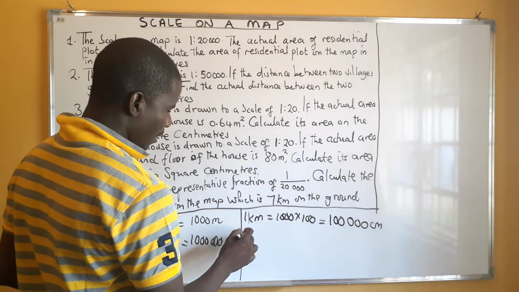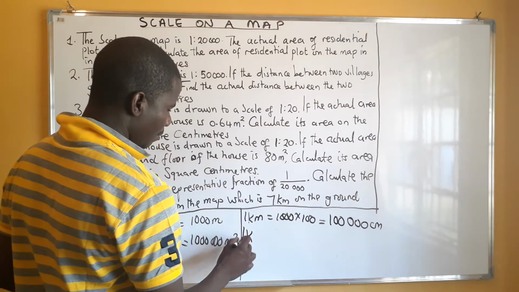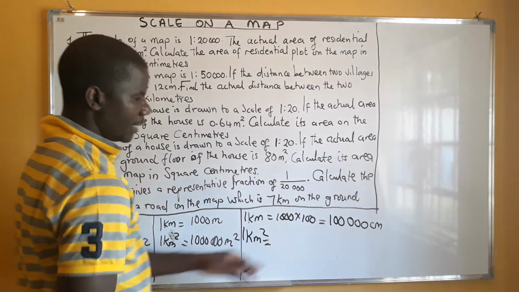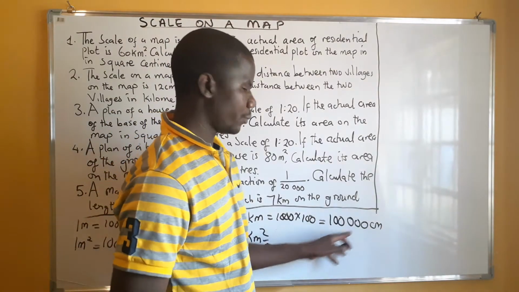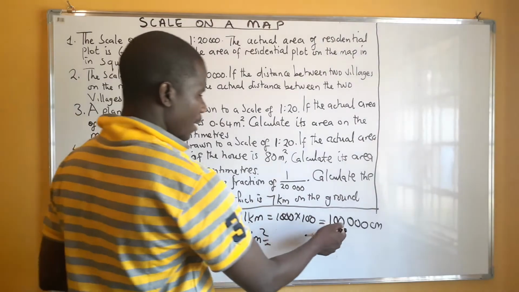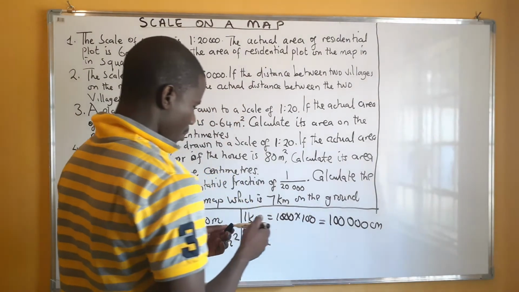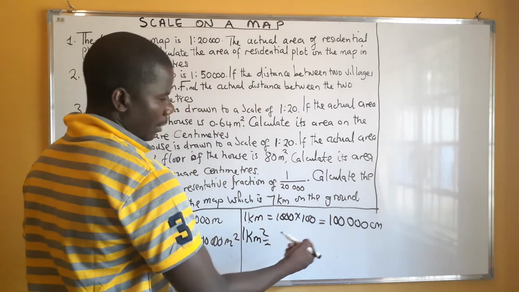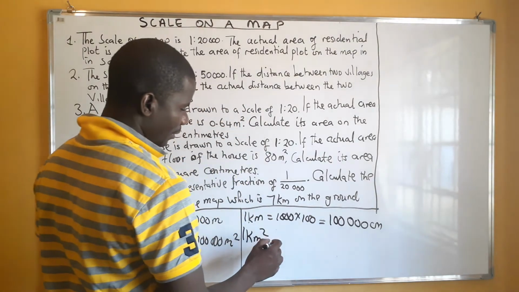If I say 1 meter squared, we need to square this number. So you multiply 100,000 by 100,000. How many zeros are we going to have? We're going to have 10 zeros.